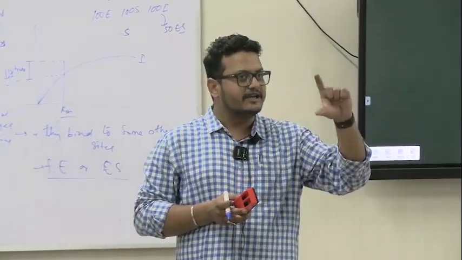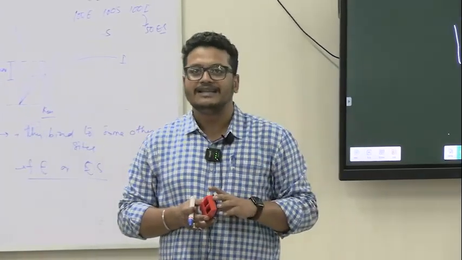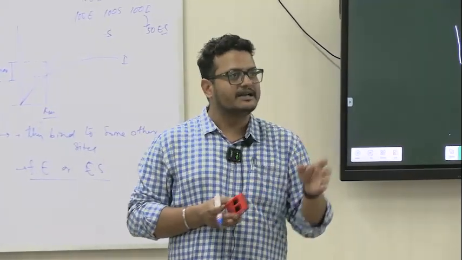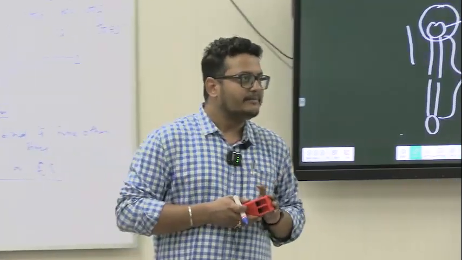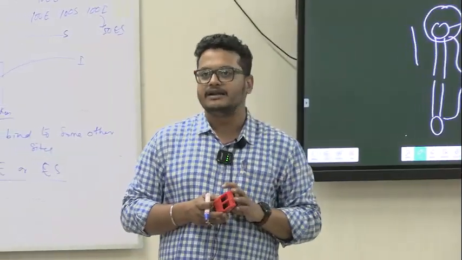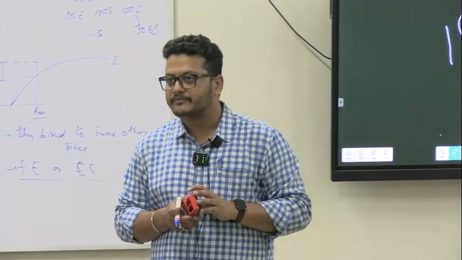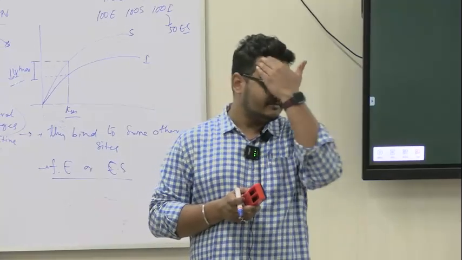Why is that grey color? You know why the blood collected into it is used only for glucose estimation? Because it contains an inhibitor called fluoride, the grey cap.